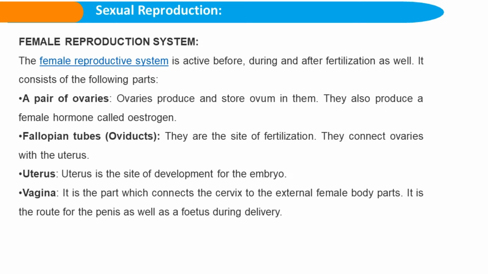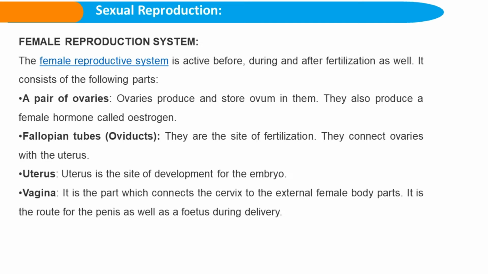Then the uterus. The uterus is an inverted pear-shaped structure, and the inner layer of the uterus is called endometrium. The thickness of this layer increases gradually soon after menstruation. Once menstruation is done, it discharges the endometrial layer along with the blood.